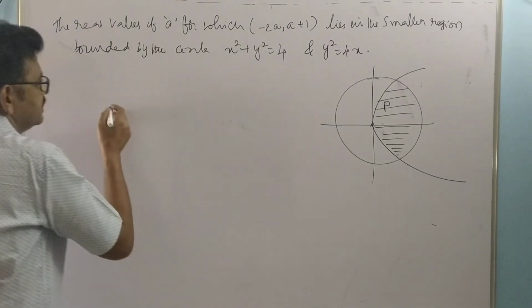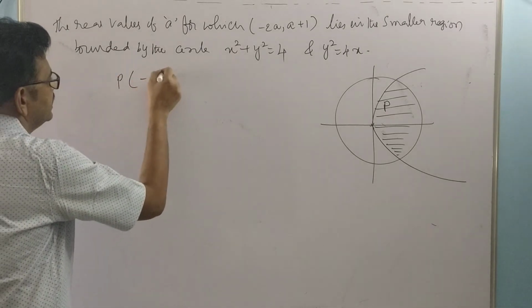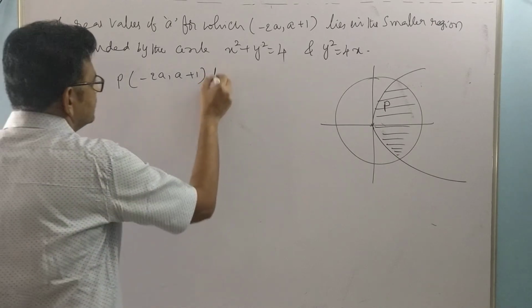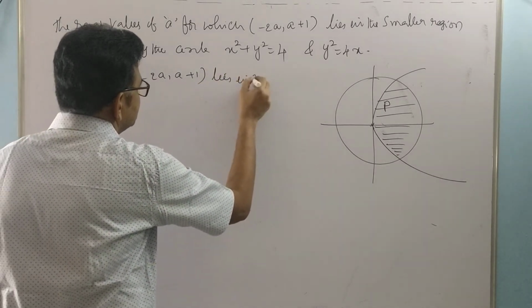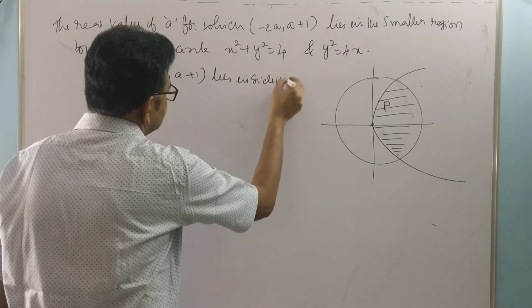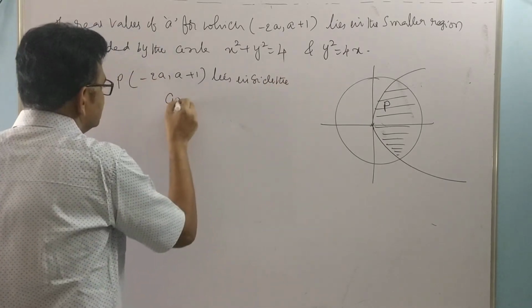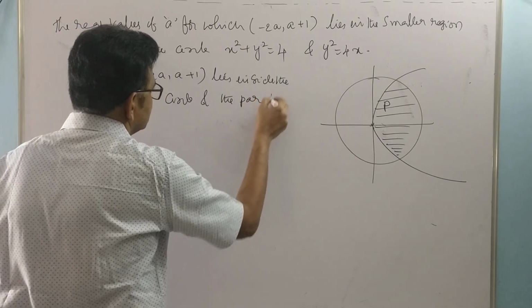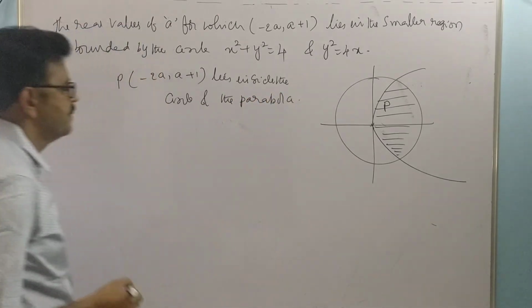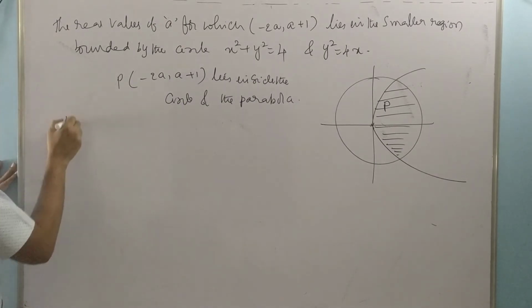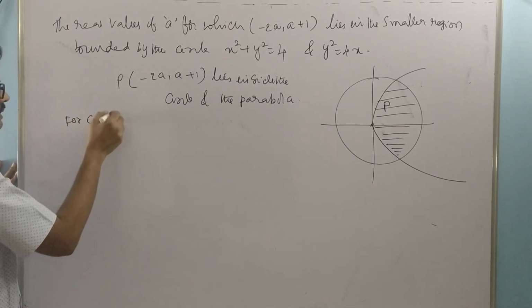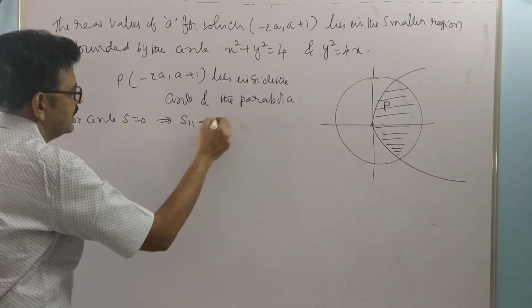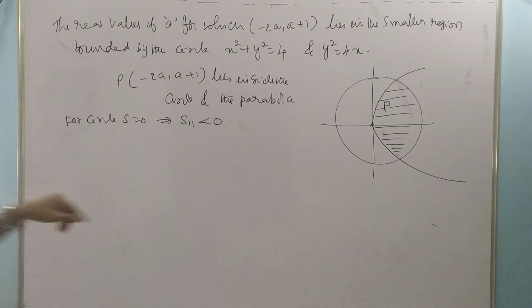For the circle, the point P(-2a, a+1) must lie inside the circle. S = 0 implies S11 is less than 0. What is S11?